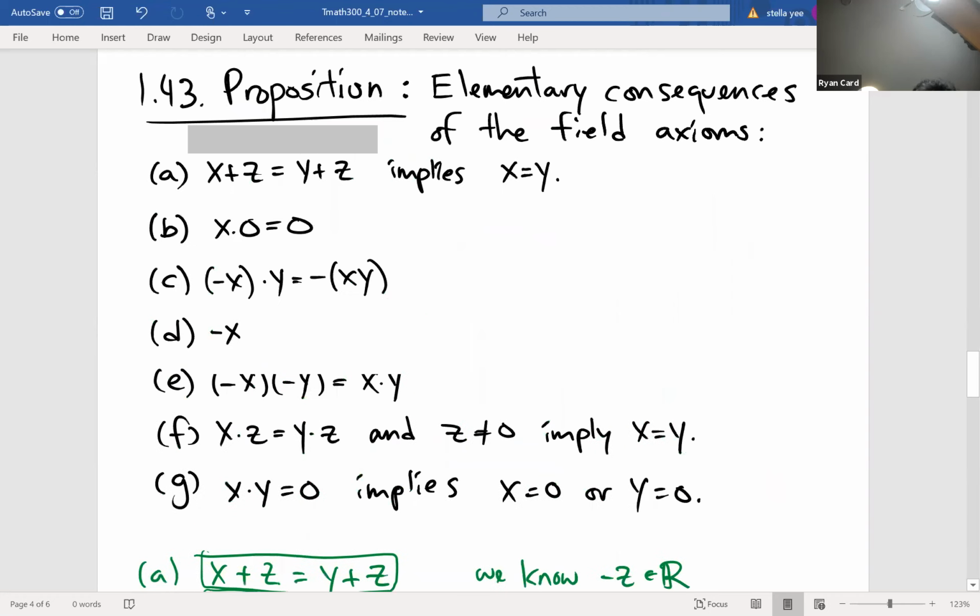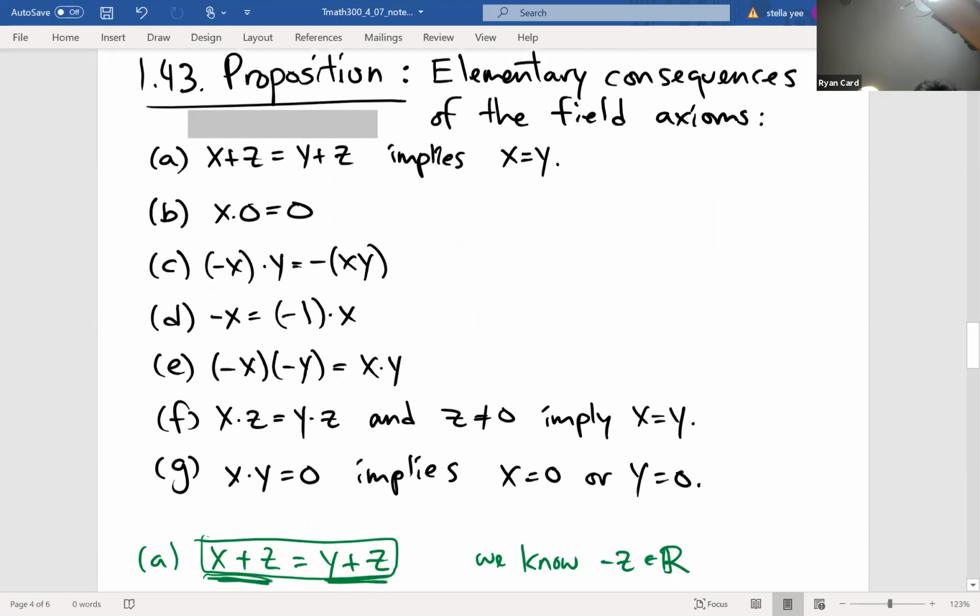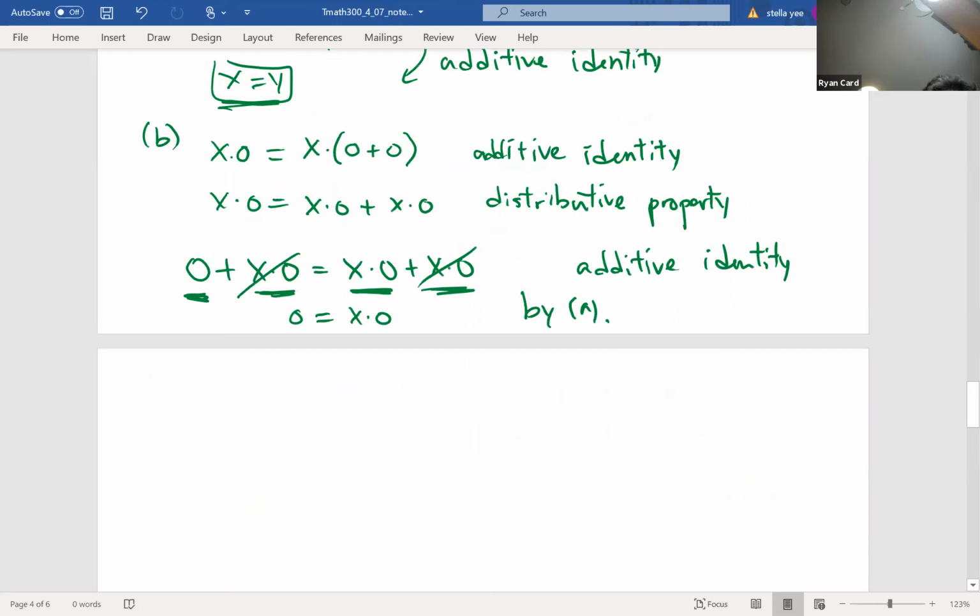Okay. Maybe I'll prove part C. I want to show that negative x times y is the same thing as negative x times y. This one is a little bit tricky.